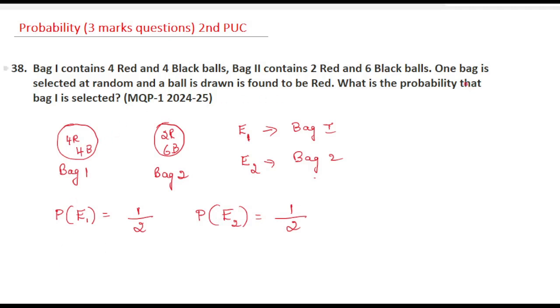Now, next is one bag is selected at random and a ball is drawn and found to be red. Now the condition is one ball is drawn and that ball should be red. So red ball.